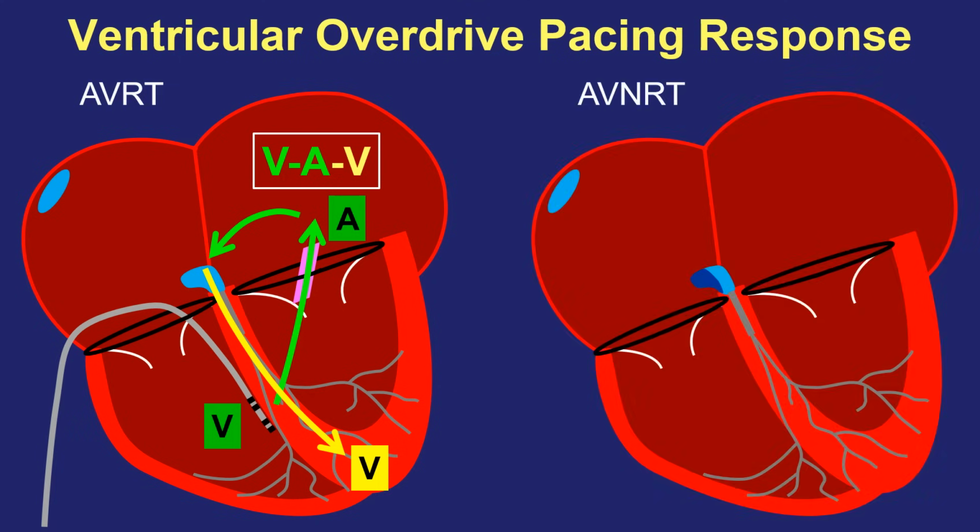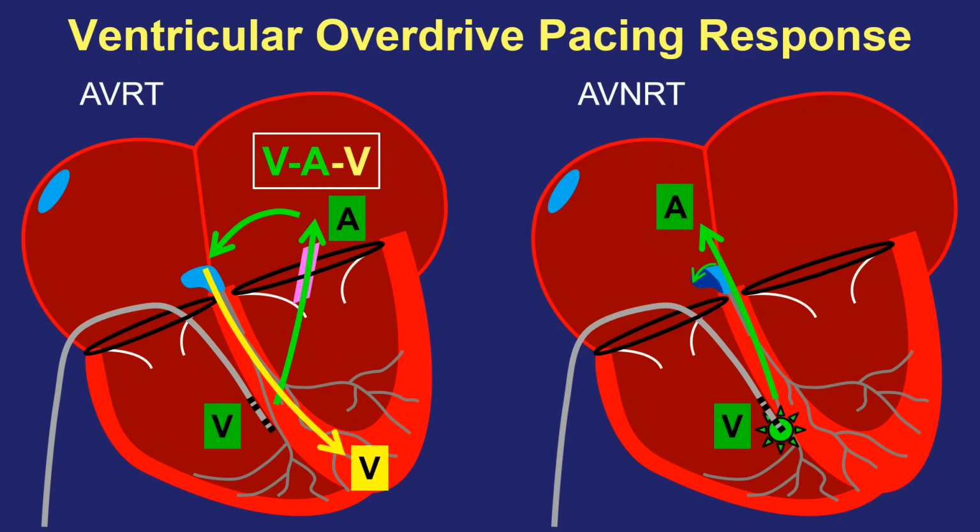What about AVNRT? Here's your circuit that's ongoing within the AV node. Here's our catheter, and we're going to take over pacing. So we pace a little faster, and every time we pace, it goes retrograde up, in this case, the fast component of the AV node, just like during tachycardia, because we took over the circuit in the same way that it was traveling during tachycardia. And then again, the last two events that happen on that last paced beat are a ventricular event and an atrial event, and then we stop pacing.